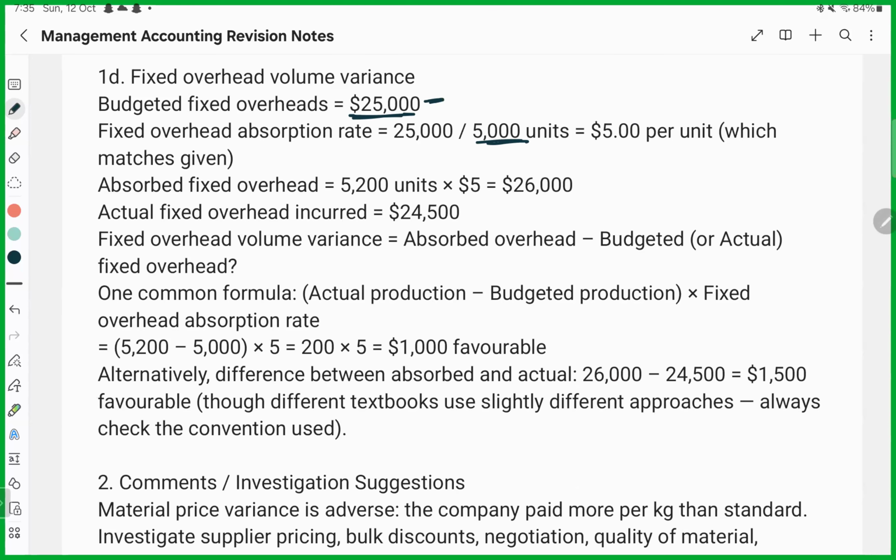So my budgeted overhead absorption rate would have been 5 rupees per unit. My absorbed fixed overhead would have been around 26,000 because I planned for 5,000 units but actually ended up producing 5,200 units. So this would have been 26,000 rupees. But the actual fixed overheads that I've incurred is just 24,500.